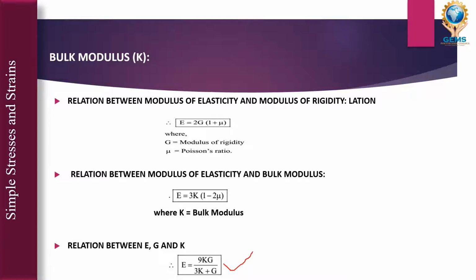That means E is equal to 9KG divided by 3K plus G. Understand? Where E is equal to Young's modulus, K is equal to bulk modulus, and G is equal to modulus of rigidity. Understand, my dear friends? So you have to remember these three formulas to solve numerical problem. Understand?